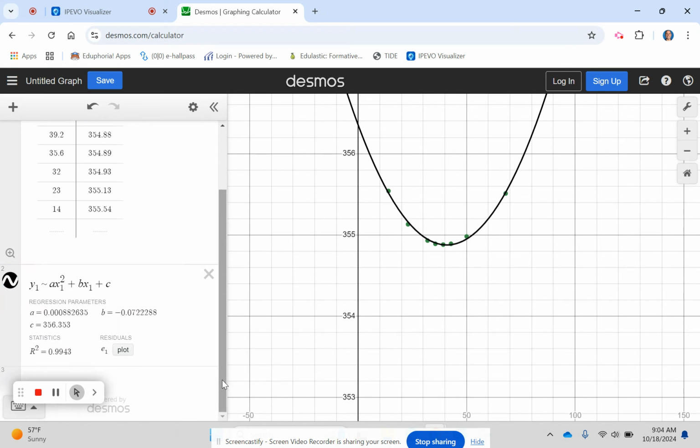So our a value, and let's go ahead and round to 4 decimal places, is 0.0009. b equals negative 0.0722, and c equals 356.3530.